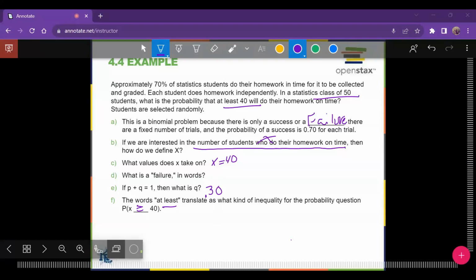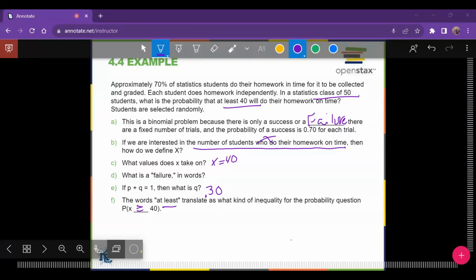Here, I'm going to start with an equals, but keep in mind that we're doing greater than or equal to. When we do these problems, Excel always gives us less than. To compensate for that, we can do 1 minus to get something that's greater than.